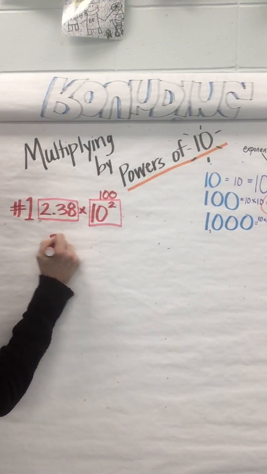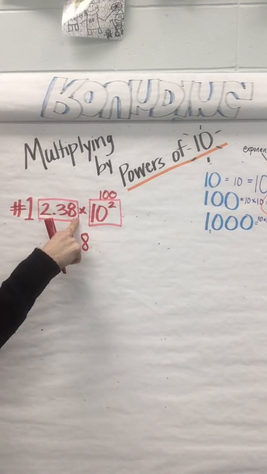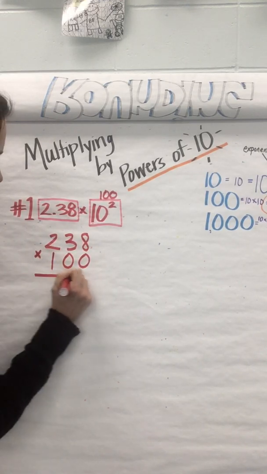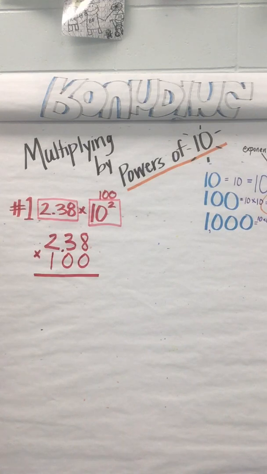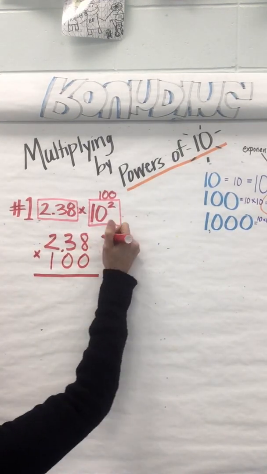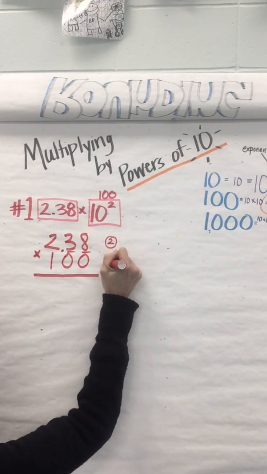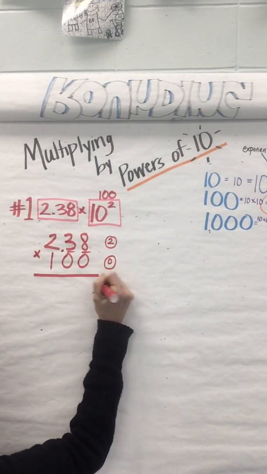So 238, for setting it up, I'm pretending it's a whole number, times 100. But then I'm going to put my decimal in. Okay, so this is what we've already been working on. Now I'm going to, and hang in there with me, so 2 places after the decimal, 0 places after the decimal.